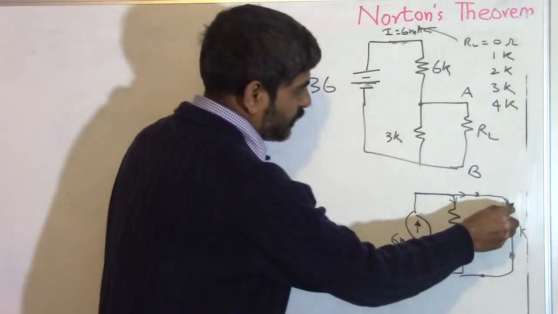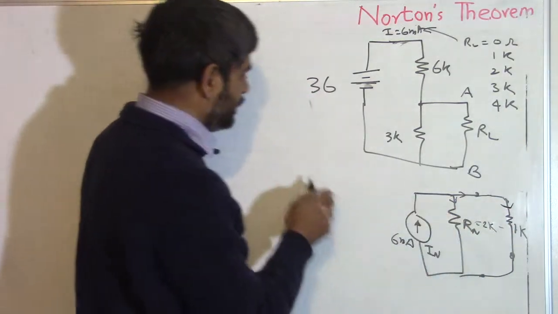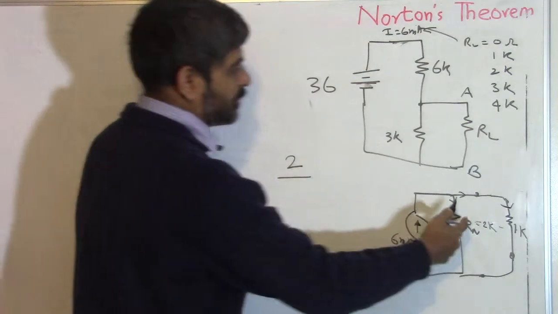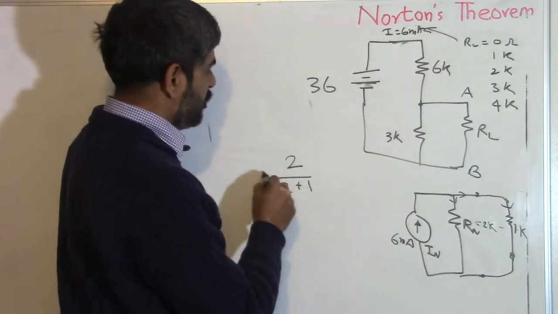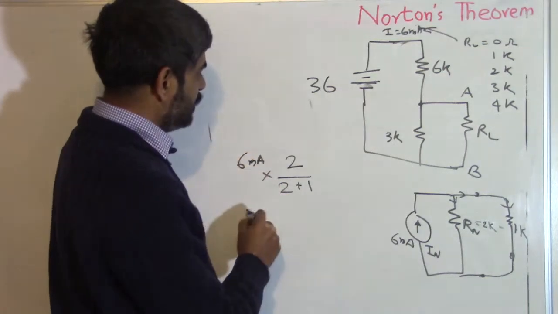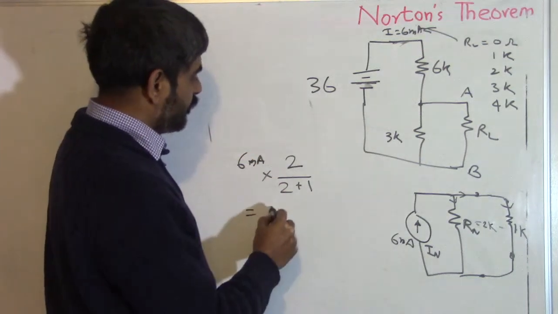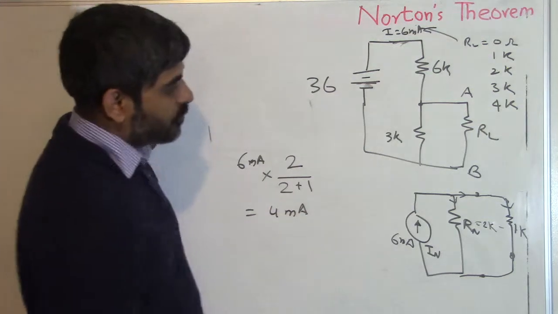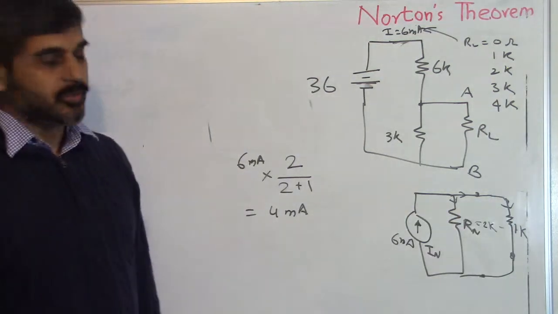So the current in this one will be given by the other resistor, 2 divided by 2 plus 1, multiplied by 6 milliampere. This will be 2 by 3 of 6, which is 4 milliampere. 4 milliampere current will flow into this.